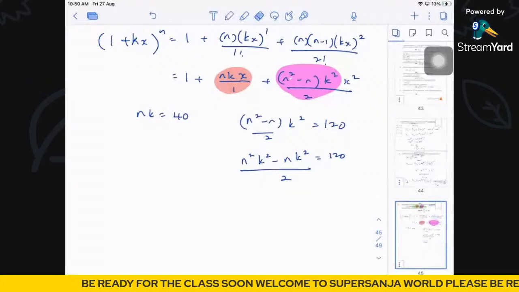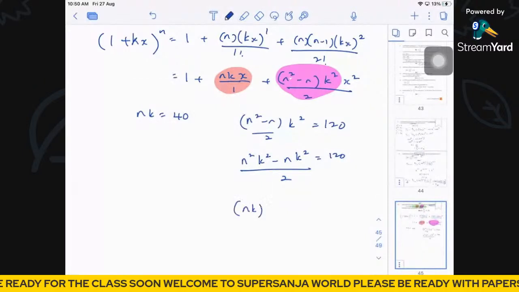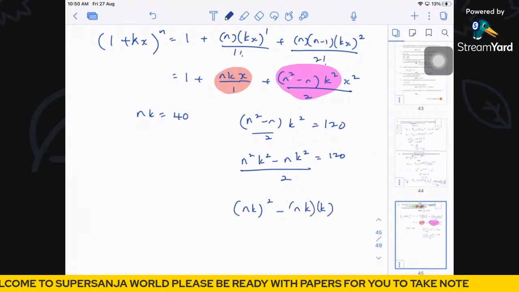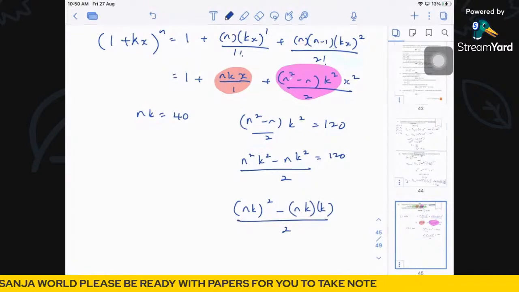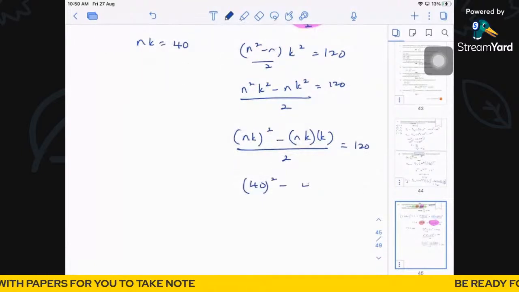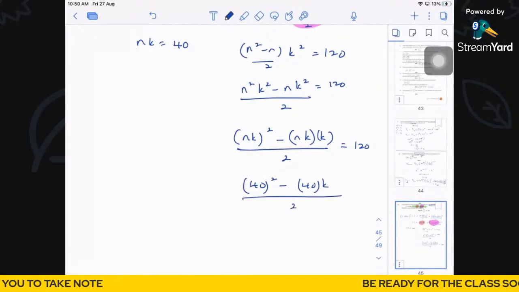Why? Never mind, I go slow a little bit, because this can be written as nk squared minus nk times k. I break up the thing just to substitute the nk. So here it is going to become 40 squared minus 40k over 2 equals 120.